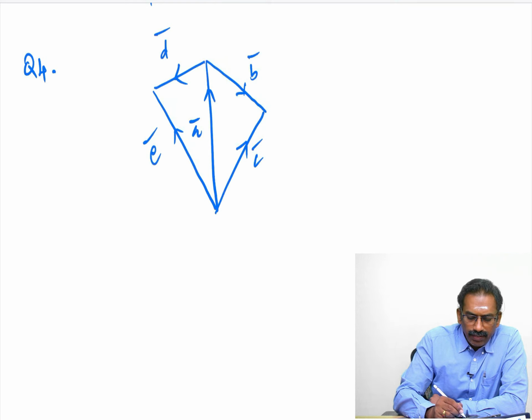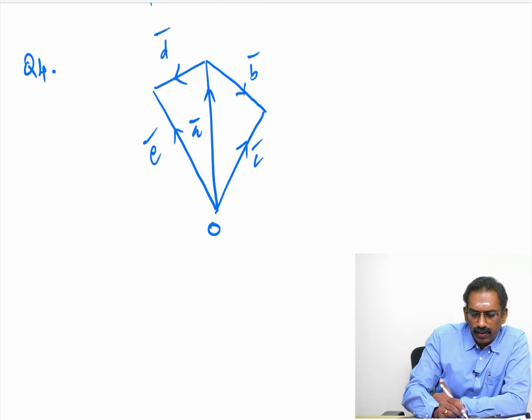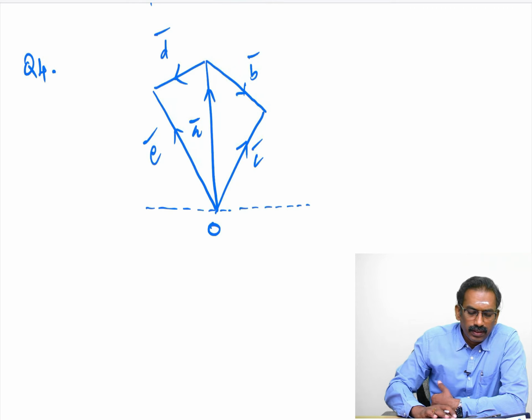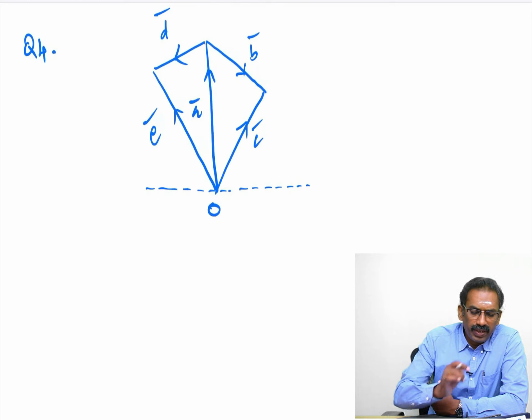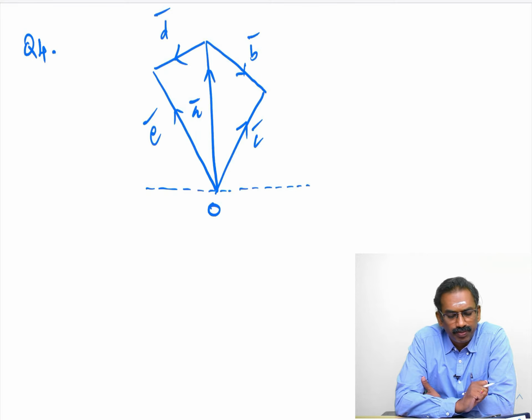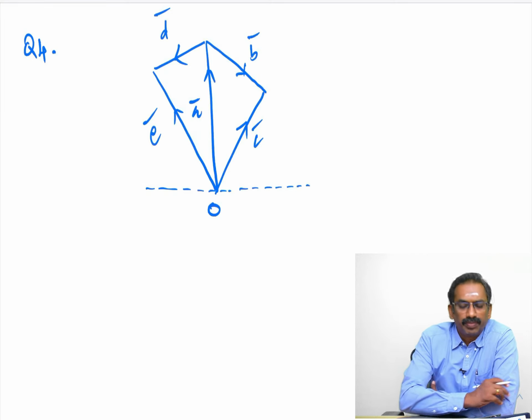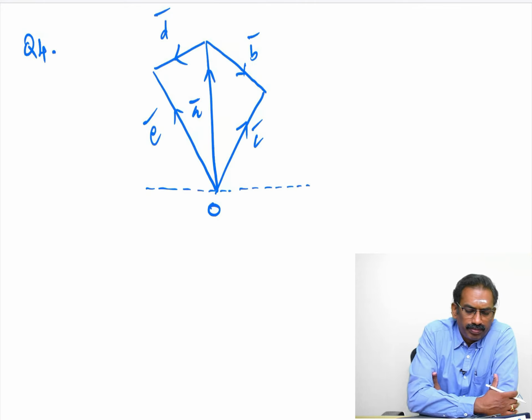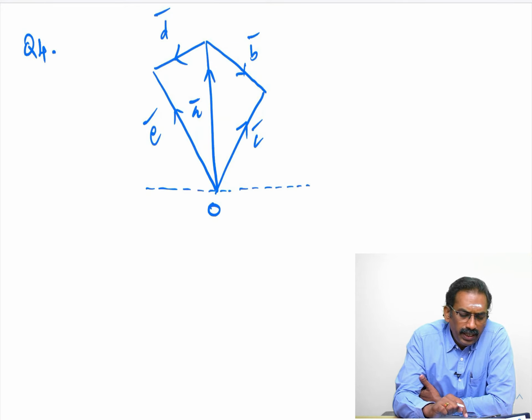A, c, e vectors are acting from the point O. This is horizontal. Tail of b vector acts from the head of a vector. Likewise, tail of d vector acts from the head of a vector. These are the vectors. If we see this diagram, tail of b is at the head of a.